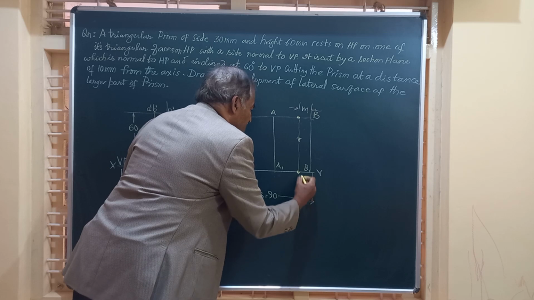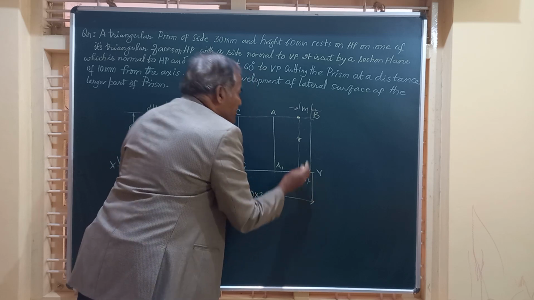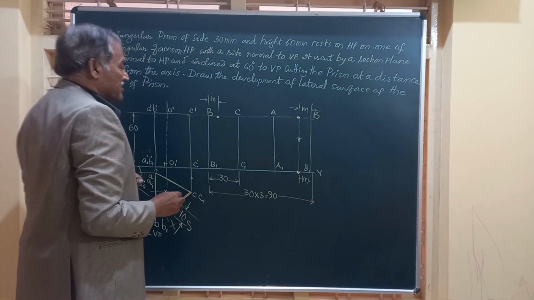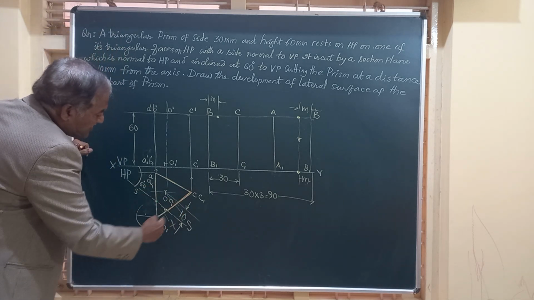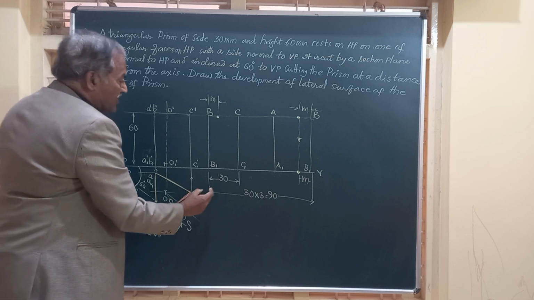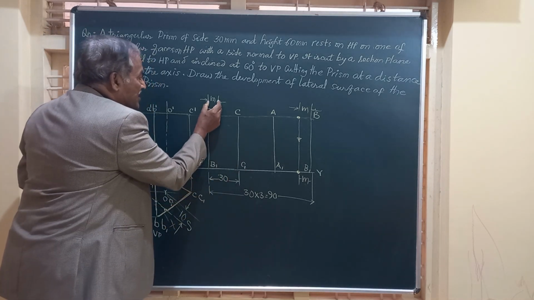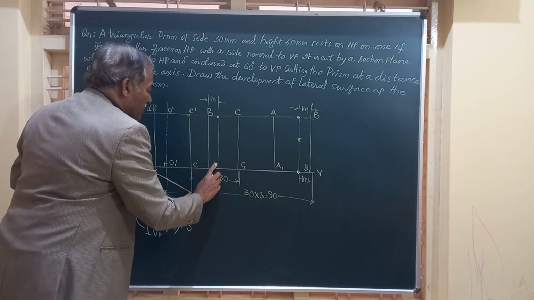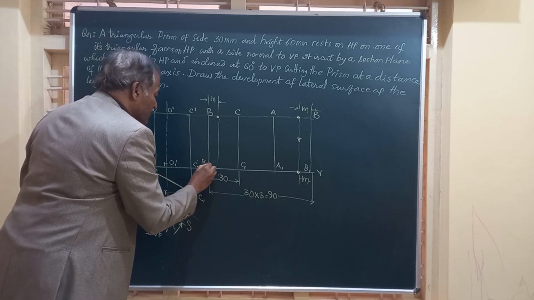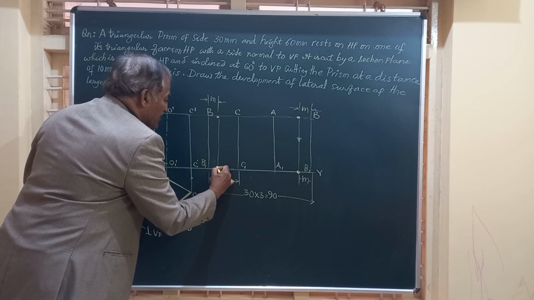Friends, this gap is also M. So these two will have the same dimension. Similarly, friends, here on B1, C1 nearer to B, same distance. We can just extend that and obtain that point. This is B1, this is the point you have got.